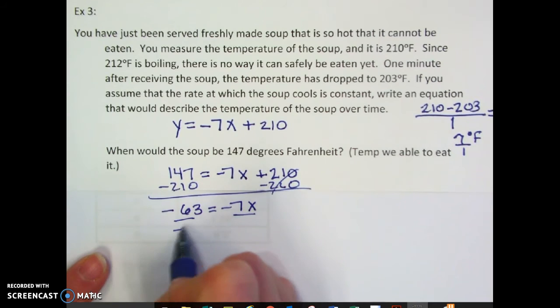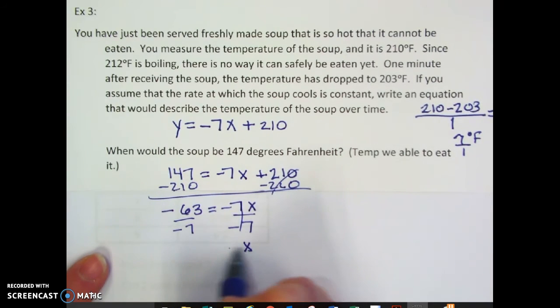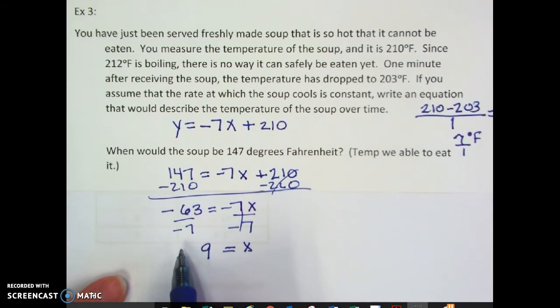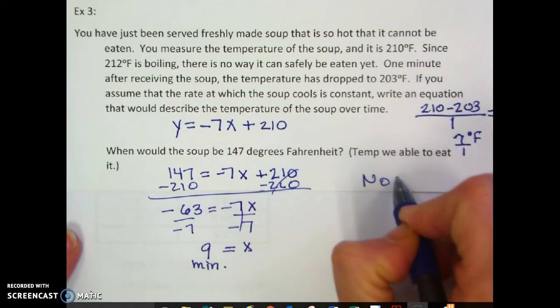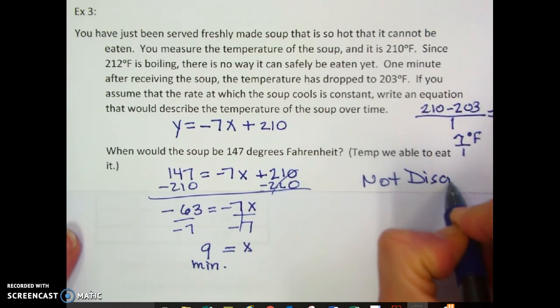Divide by -7, and x equals +9, which means it will take 9 minutes to cool down far enough for us to eat. Now, this function is also not discrete, because you can cool your soup for half of a minute or half of a second. So this is a not discrete function.